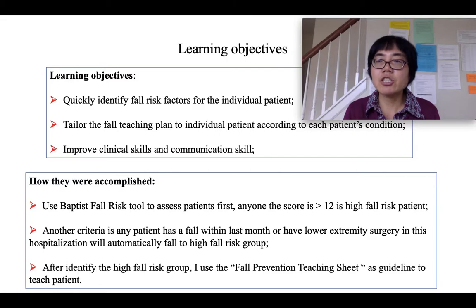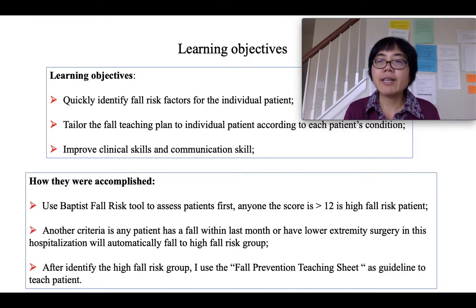They are my teaching targets. The other criteria I use: any patient who has a fall within the last month or has lower extremity surgery during this hospitalization will automatically fall into the high fall risk group. They are also my teaching targets.